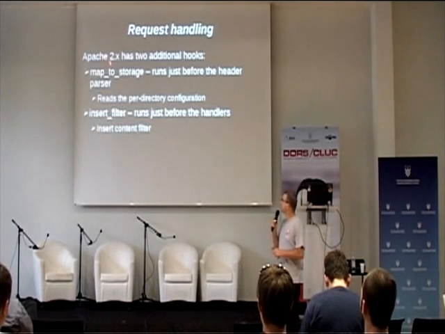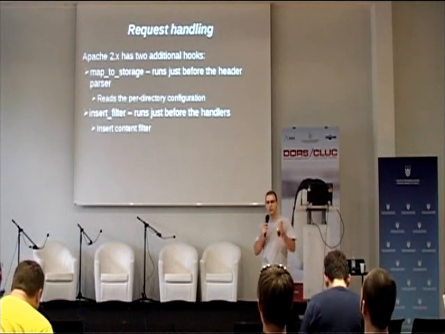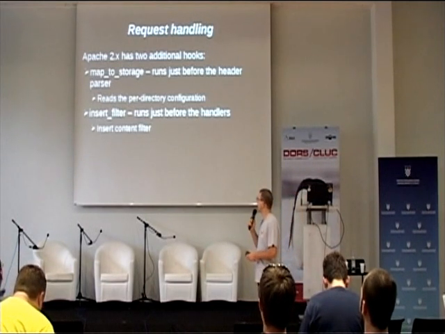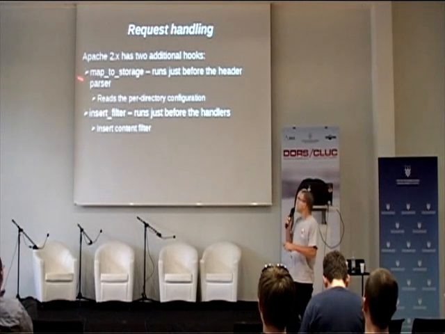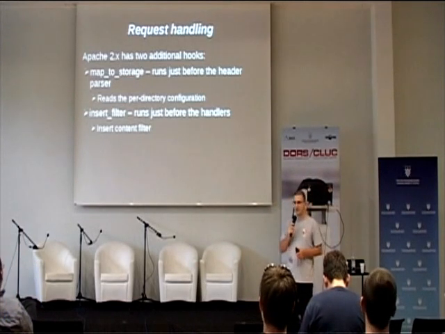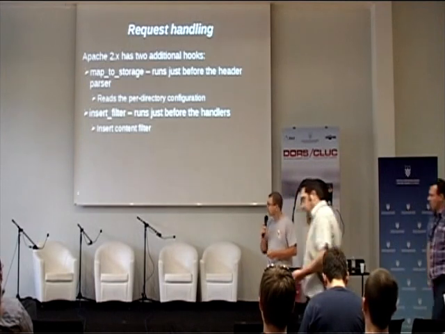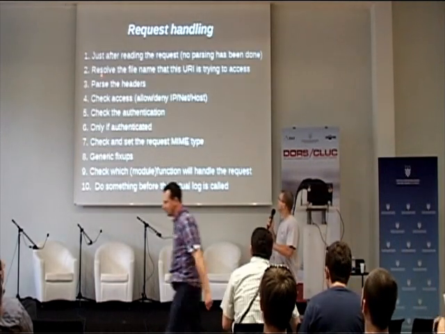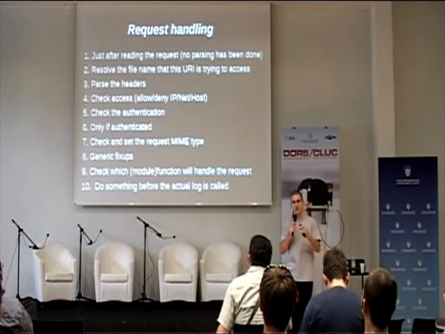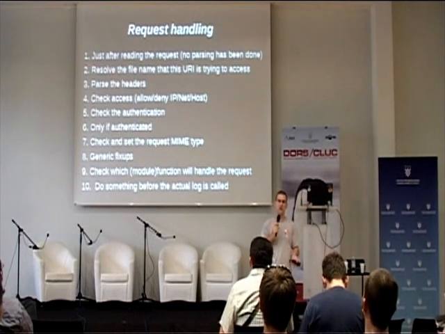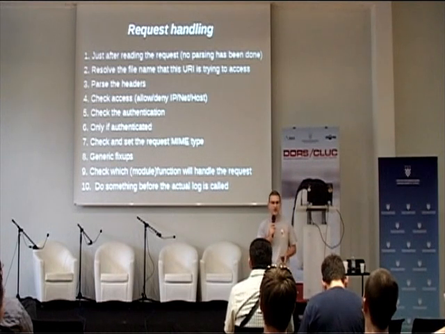With Apache 2.0.22.24, you have two more steps. Map to storage is, again, after resolving the file name. This is the stage at which you can actually change the file name that was requested.